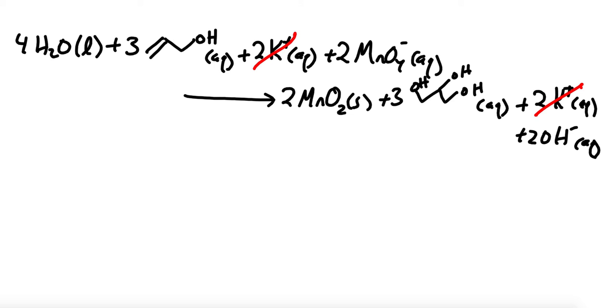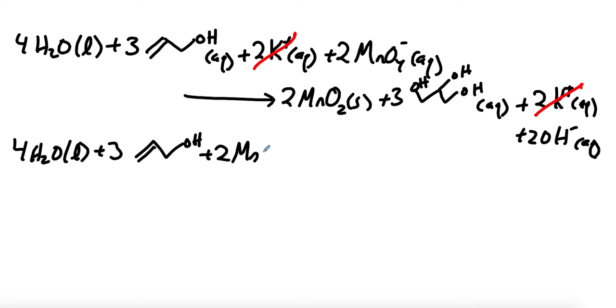So we could write this out again a little more neatly. We've got 4 waters, 3 of our organic compounds as the reactant, and 2 permanganates. I didn't say this was aqueous, but it is. Then we've got 2 of the manganese(IV) oxides in the solid form.